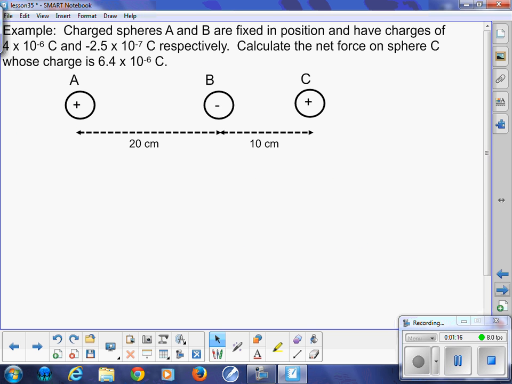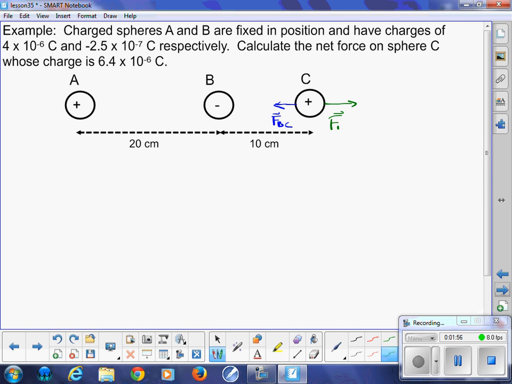So moving to something a little bit more challenging, we have spheres A, B, and C. It says that A and B are fixed in position and have those charges, 4 times 10 to the negative 6, negative 2.5 times 10 to the negative 7. We want to know what is the net force acting on C, which has a charge of 6.4. So there is a force of attraction between B and C. I'm going to call this force BC because they are attracting each other, they're pulling together, and there will be a force of repulsion.